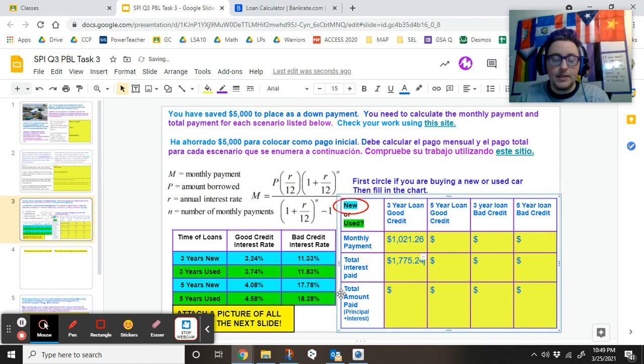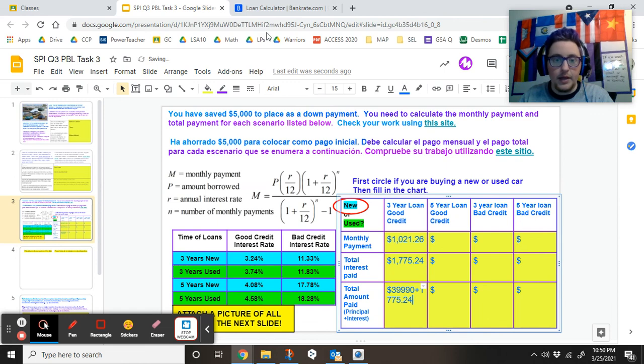And the last box says I want the total amount paid. So that's going to be the amount of my loan, the amount of my car, which is $39,990, plus the interest, which is the 1775.24.